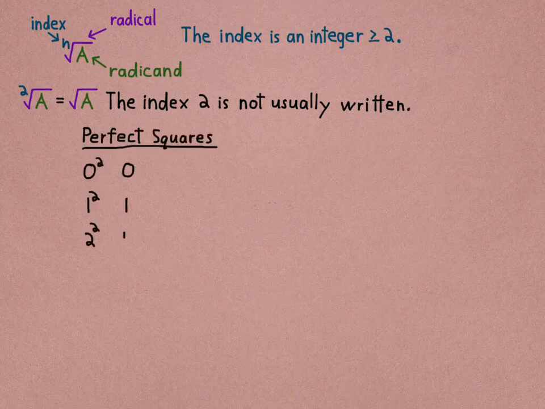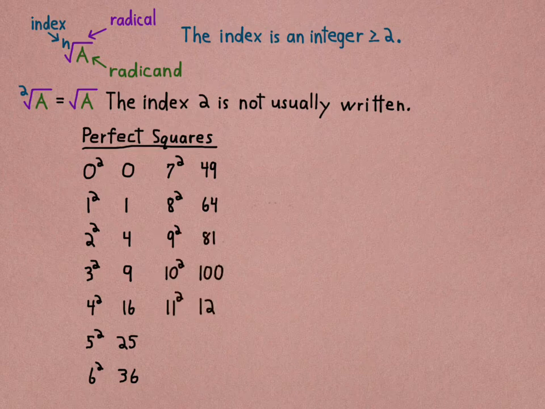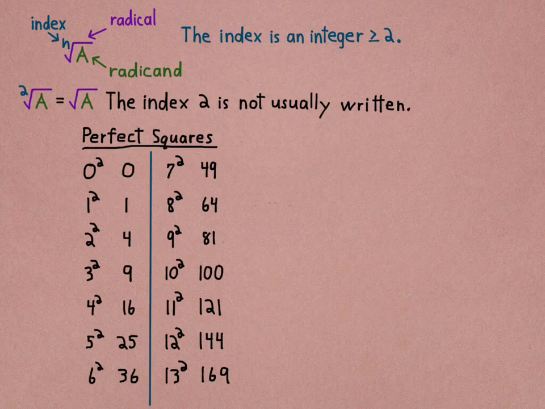Perfect squares. In order to do the square roots, you need to know the perfect squares, because we usually use these in algebra classes. So we've got 0 squared is 0, 1 squared is 1, 2 squared is 4, 3 squared is 9, etc. These are all the diagonals of your multiplication tables, except for, I guess, 10 squared is 100.